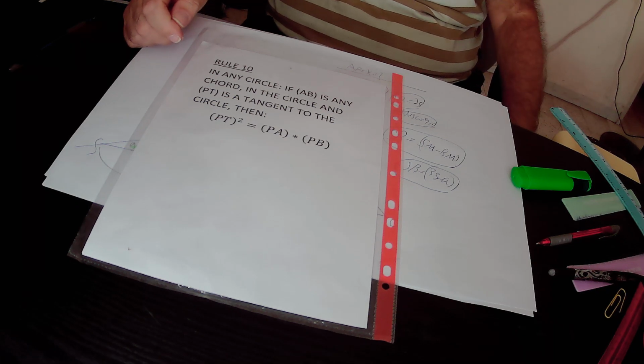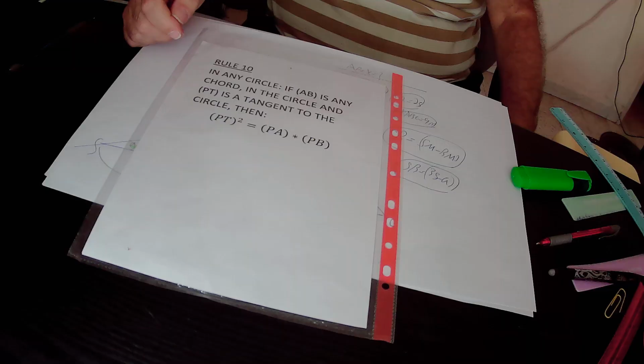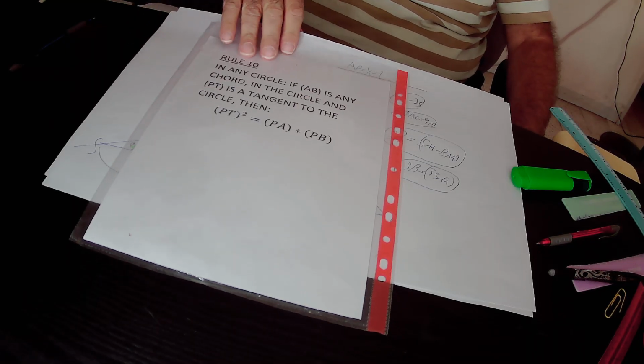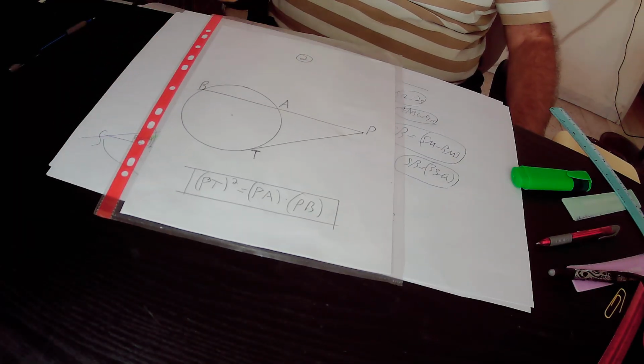So in any circle, if AB is any chord in the circle and PT is a tangent to the circle, then the following equation is true: PT squared equals PA times PB. So in the drawing, we have a circle.